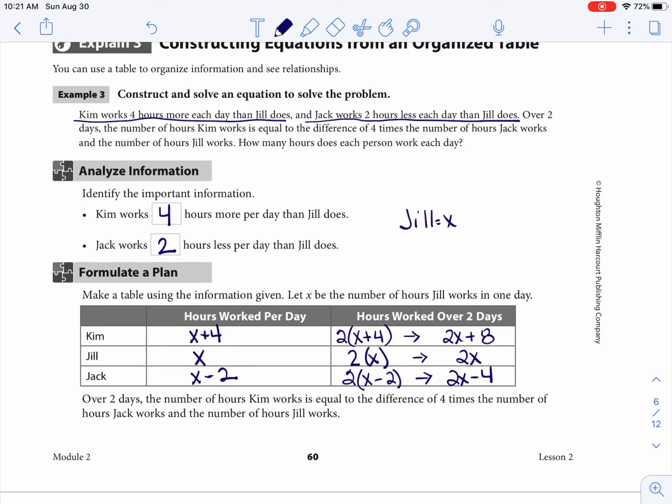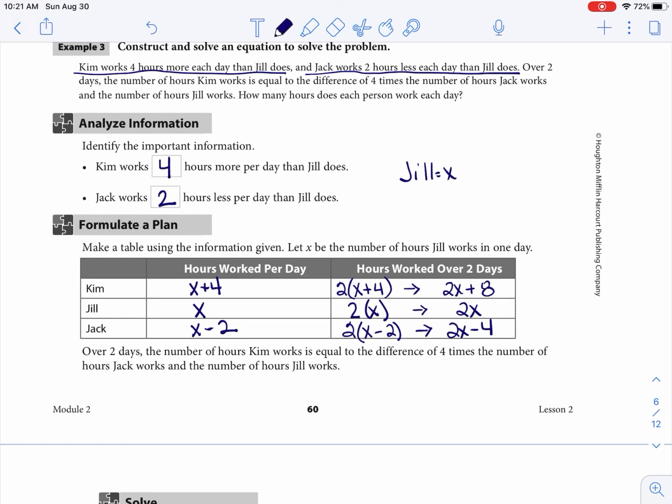Now, let's go back to the other information. The number of hours Kim works is equal to, so Kim's hours are the 2X plus 8, and they are equal to what? The difference, and we know difference means I'm going to subtract 4 times the number of hours Jack works and the number of hours that Jill works.